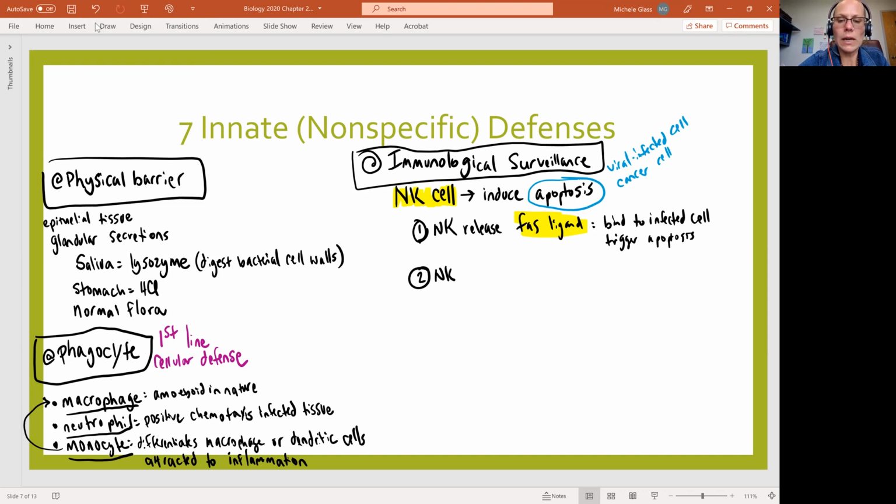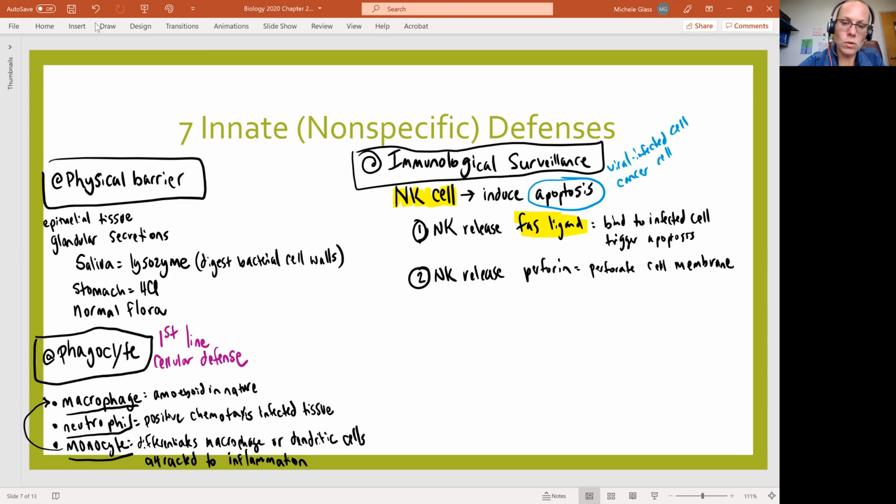The other mechanism is that your NK cell can instead release a chemical called perforin. This one is going to perforate the cell membrane, not of the NK cell, but of the infected or cancerous cell.